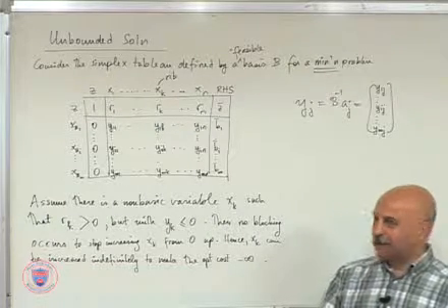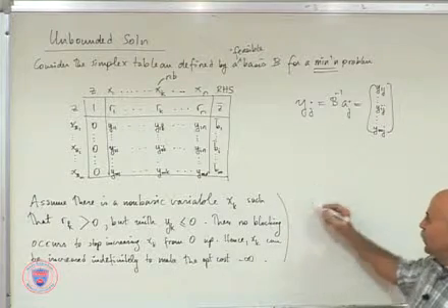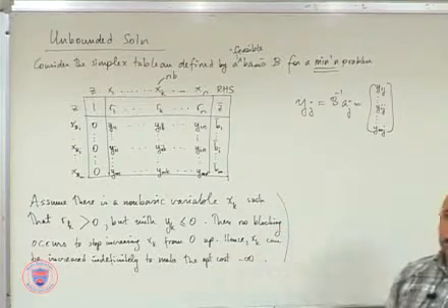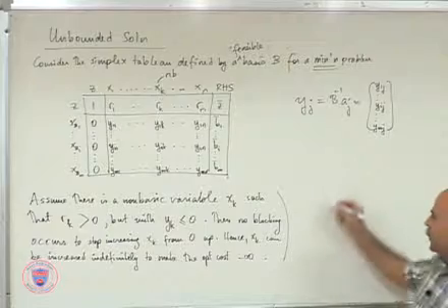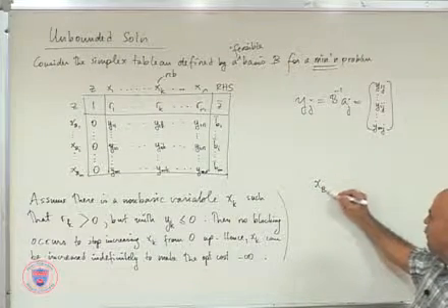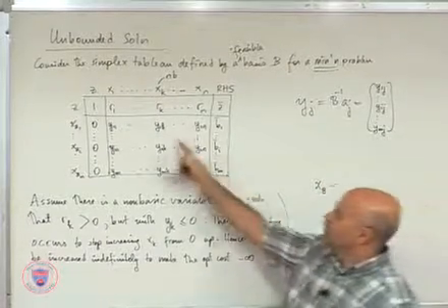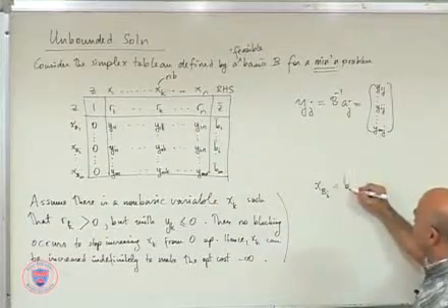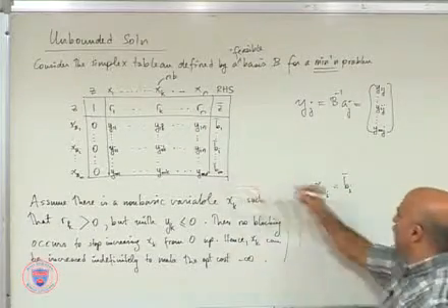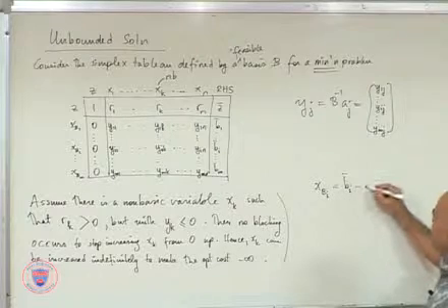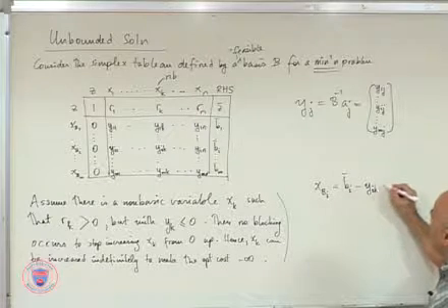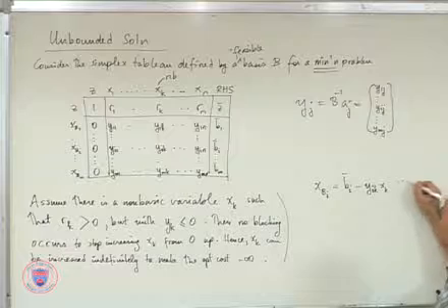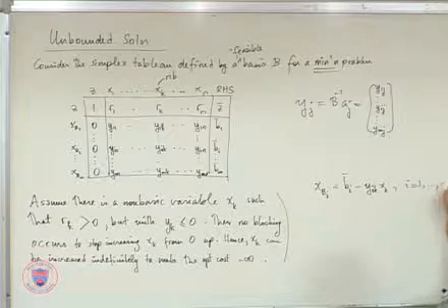What is the connection? Again, for those of you who may have difficulty, this is a summary statement for the following. We are having xBi, the ith variable. xk will be made equal to some number, okay? So the ith variable is b̄i minus yik times xk. This is true for i going from 1 to m.